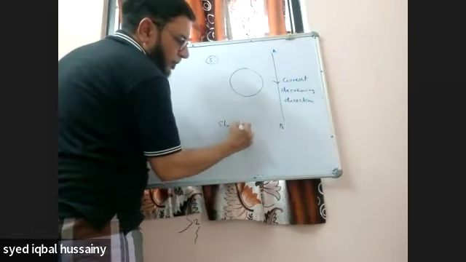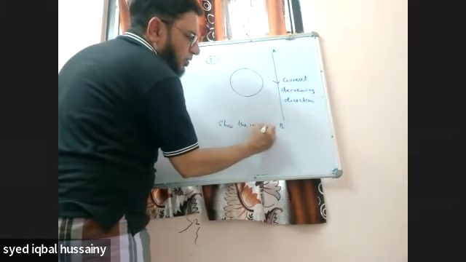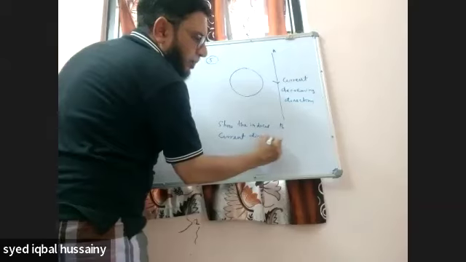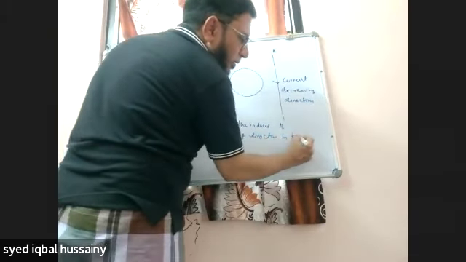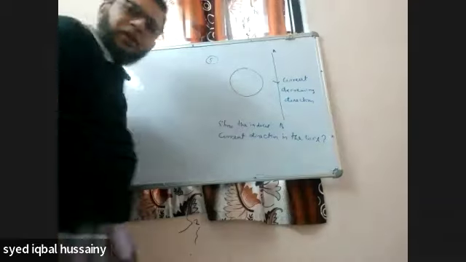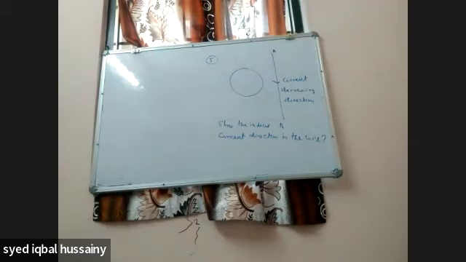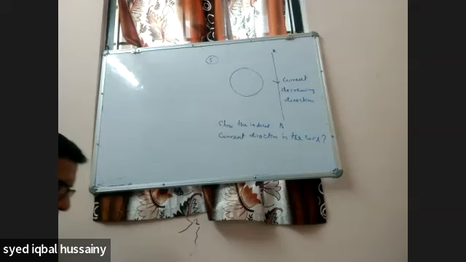So the induced current direction in the coil. Wonderful children, give me the answer. Clockwise or anti-clockwise? Very good. So it is anti-clockwise. Anti-clockwise. Okay, very good.